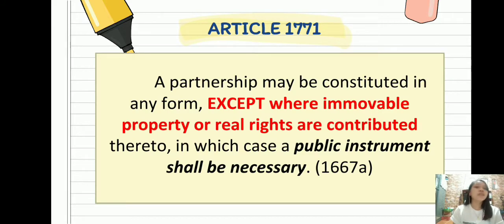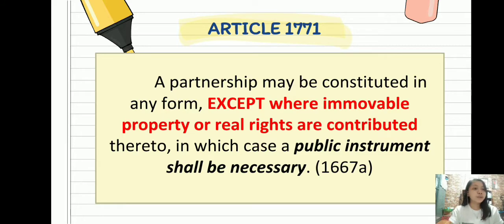Kung titingnan uli natin yung Article 1771, in-state nga dito na kapag ang partnership nag-contribute ng immovable property or ng real rights, a public instrument shall be necessary. Pero hindi in-state sa Article 1771 kung anong mangyayari if hindi nila ginawang public instrument yung immovable property or real rights na kinontribute nila.